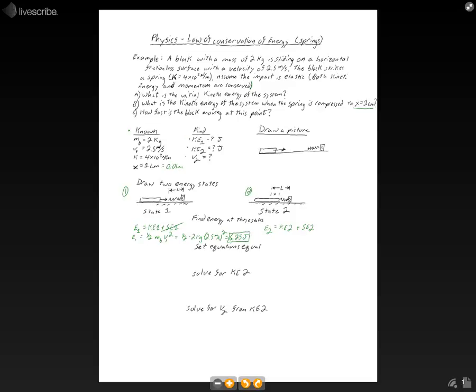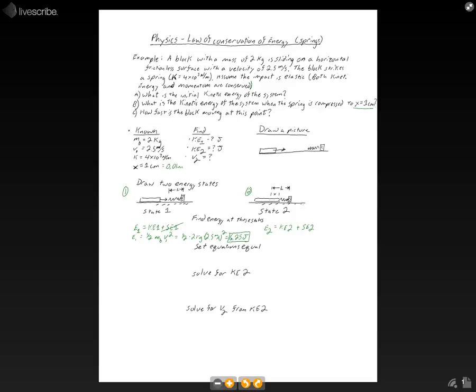Alright, so with this, we also know the spring energy at state 2. To find the total energy, we know that there's no energy lost in this system.